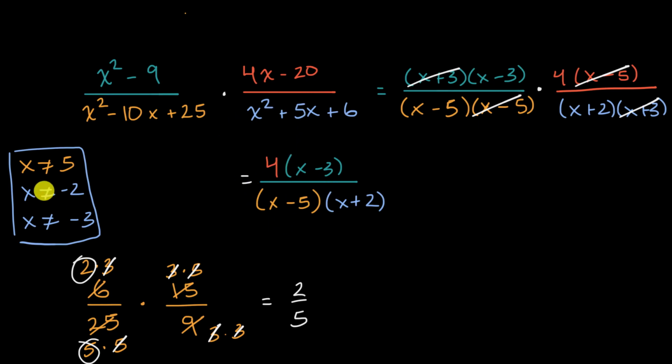And we have to remind ourselves that x cannot be equal to any of these things. Now, the way that we've simplified it, we still have an x minus 5 right over here, so it might be redundant to say that x cannot be equal to 5, because that's still the case in our reduced expression. That's true also of x cannot be equal to -2. We still have an x plus 2 here.